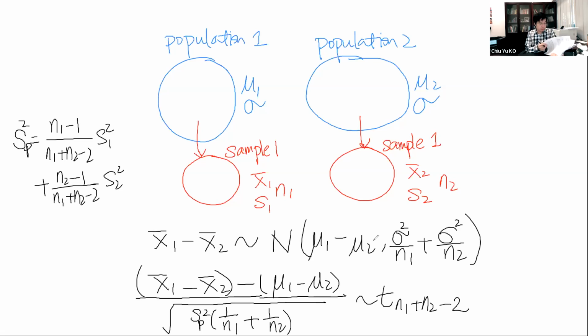Any question? Okay, so this is what we have. Another thing we have is unequal variance, right? So this is the second thing.